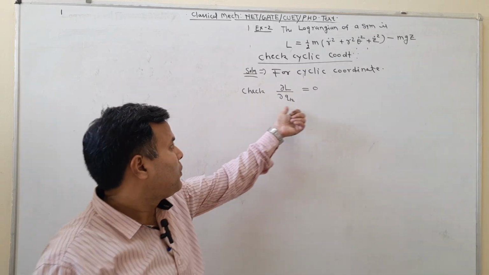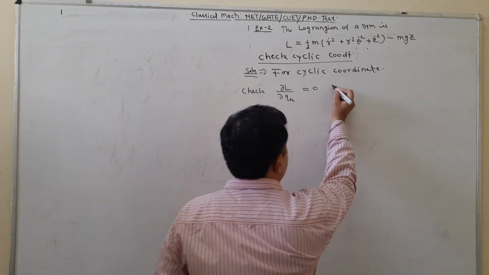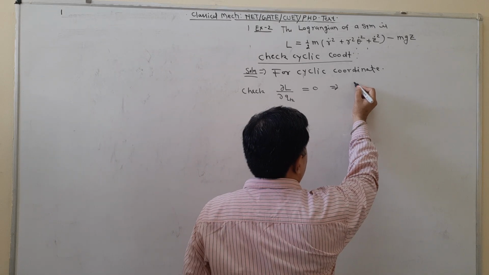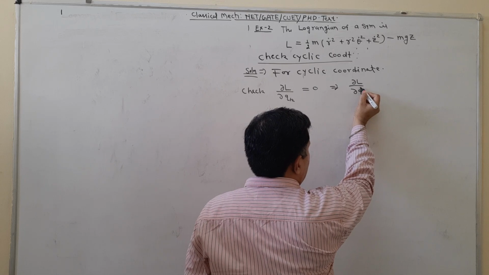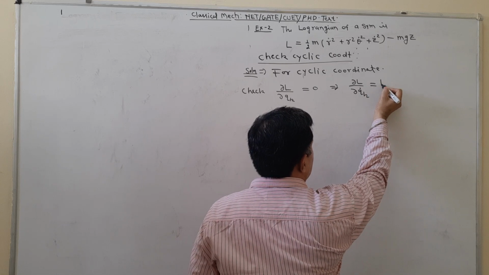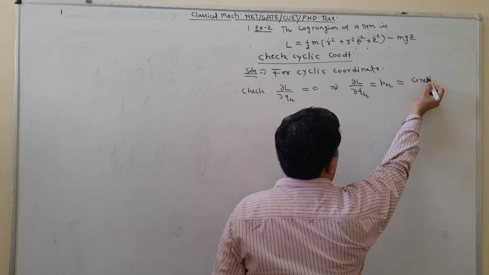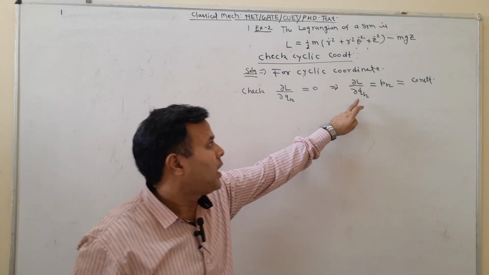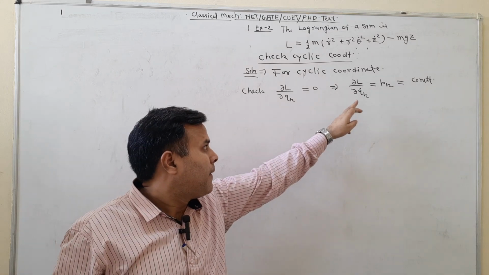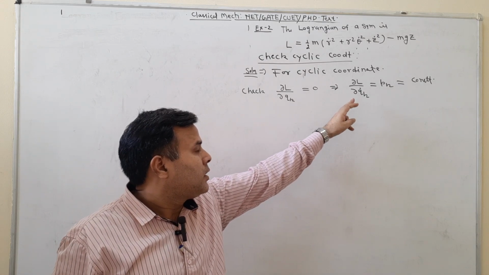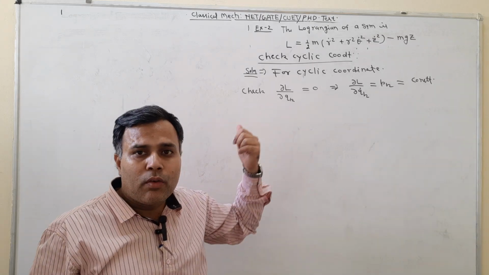If del L upon del QK is equal to 0, which implies that del L upon del QK dot, which is PK dot, is constant. We have already derived this relation from the Lagrangian equation of motion.